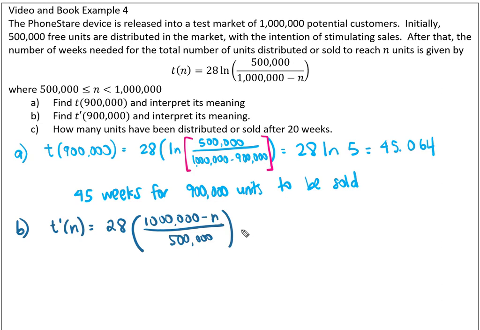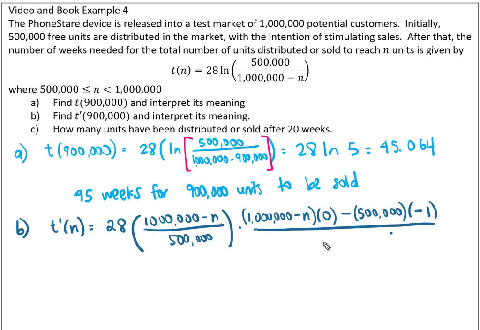And then we're going to multiply by the chain rule, and that would be the denominator times the derivative of the constant minus the numerator times the derivative of the denominator, which would be 0 minus 1, all over that denominator squared.